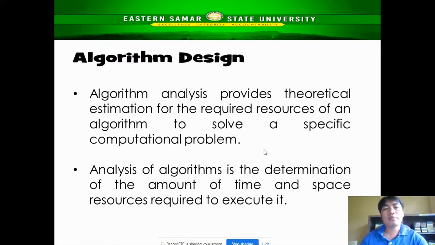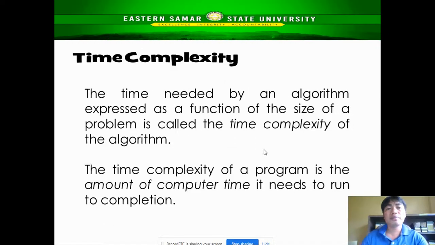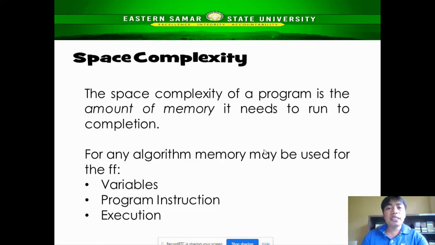So your time complexity is the amount of time to execute, the running time. While on the space complexity, it is the amount of memory or the space that you use.